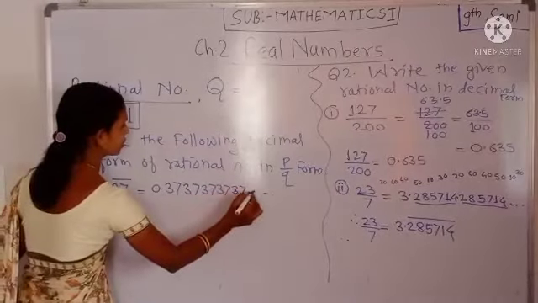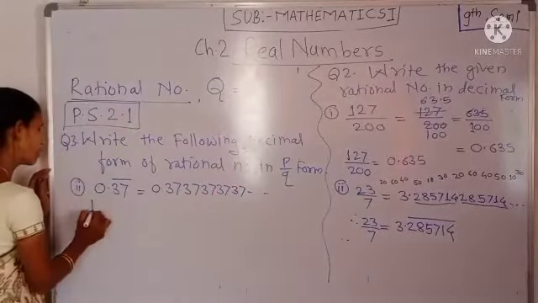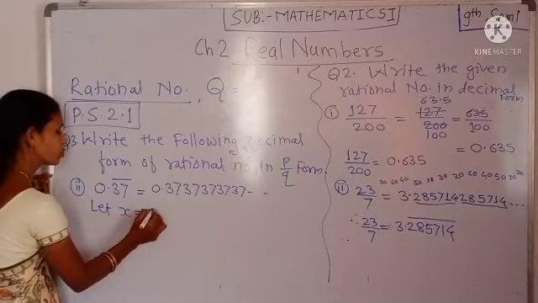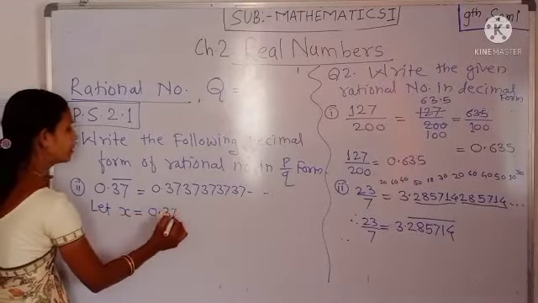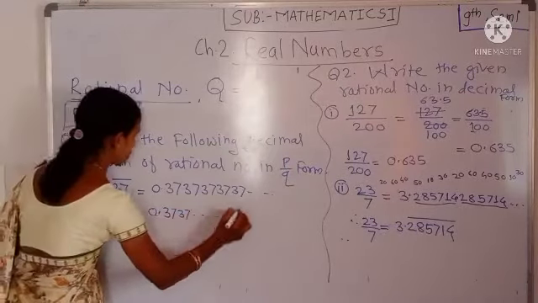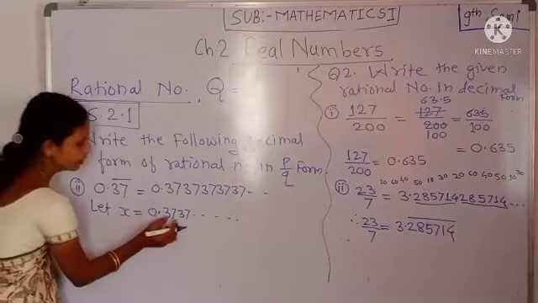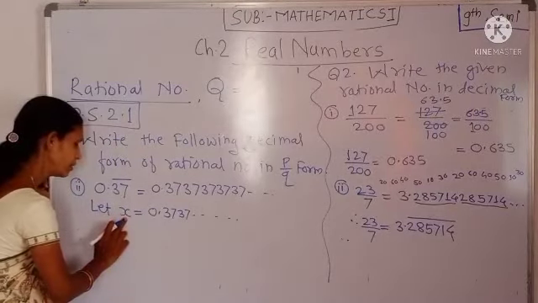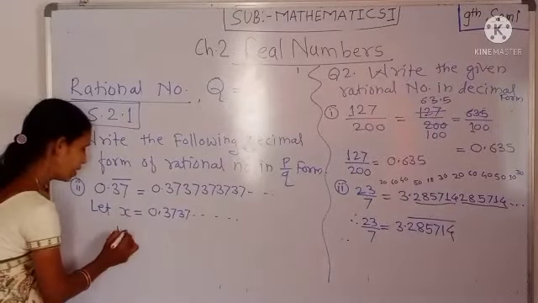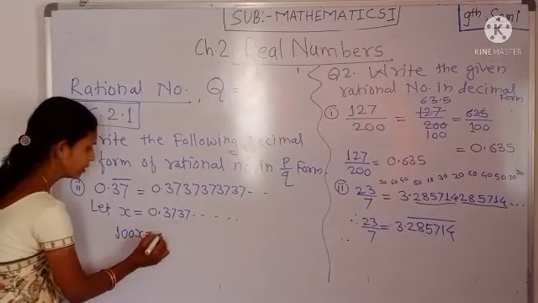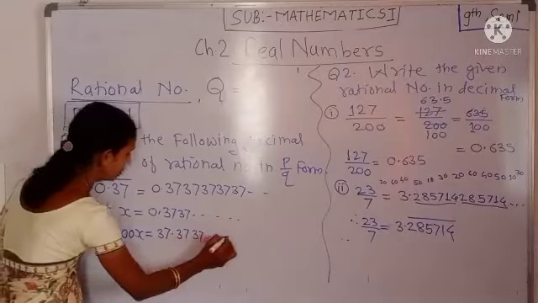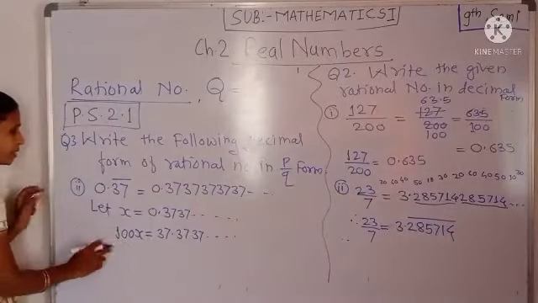Therefore let us consider the rational number x is equal to 0.37 which gets repeated. See here, the 2 digits get repeated, therefore we have to multiply that x by 100. Therefore 100x is equal to 37.3737 which gets repeated.